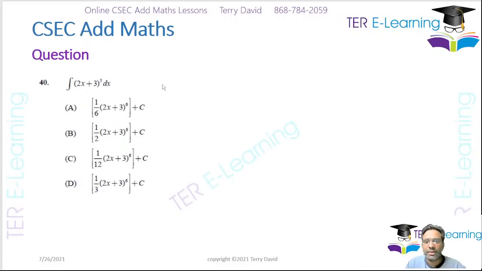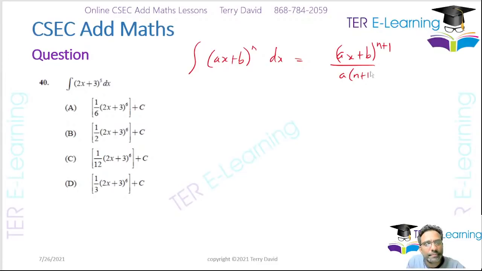What do we have here? So we have an integral here. So there's a formula to work out an integral that looks like this. The integral of (ax plus b) to the power n dx is equal to (ax plus b) to the power n plus 1, over a by n plus 1, plus a constant c. So all I'm going to do is substitute into that formula.